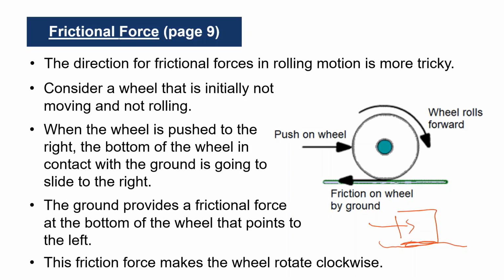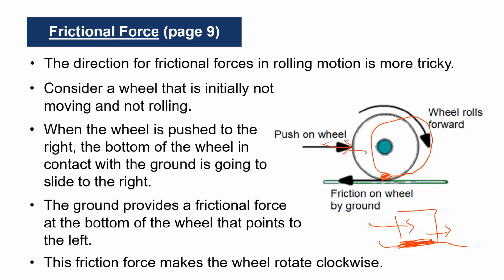The surfaces in contact, you will see that the box wants to move to the right. So same thing here. When you push this wheel this way, this wheel wants to move to the right. So we can see that at the point of contact, the motion is to the right.